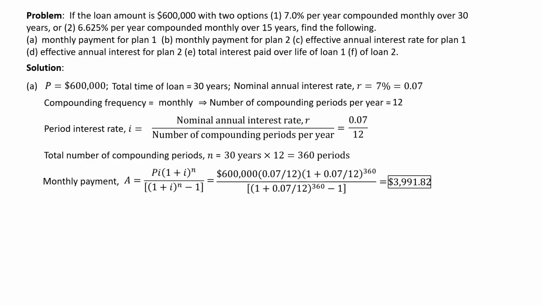Okay. All right. So as a rough calculation, what would that be? 4,000 times 360. Yikes. That's a lot of money. Now I'm curious. 3991 times 360.